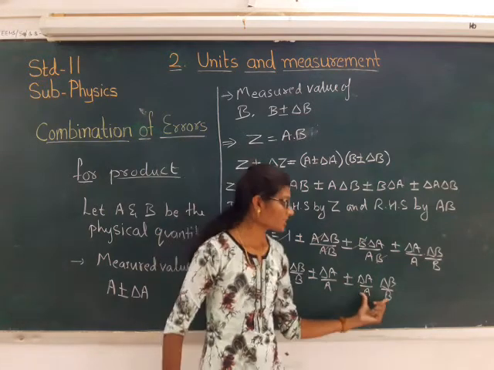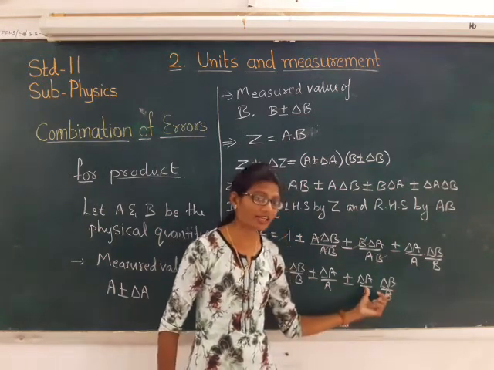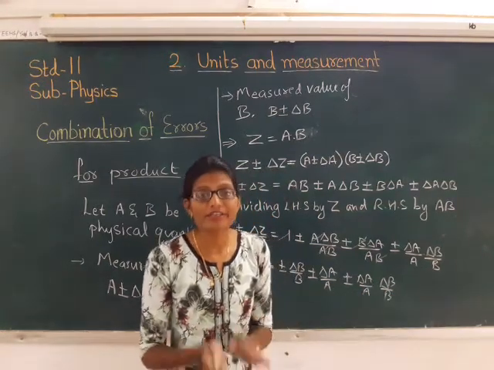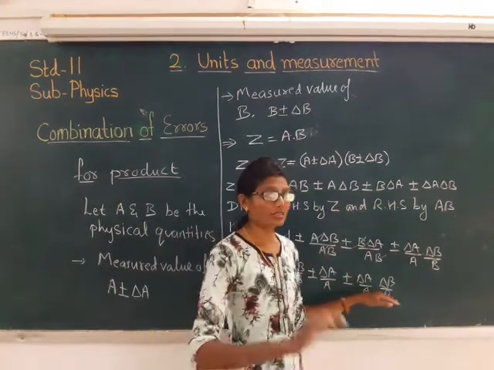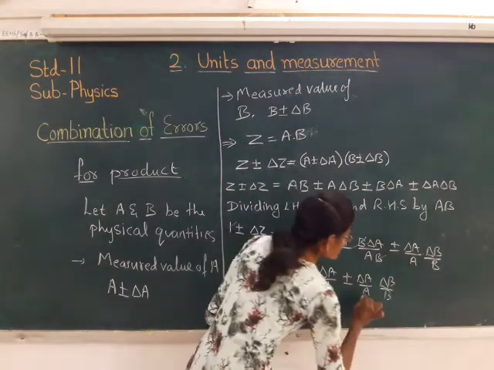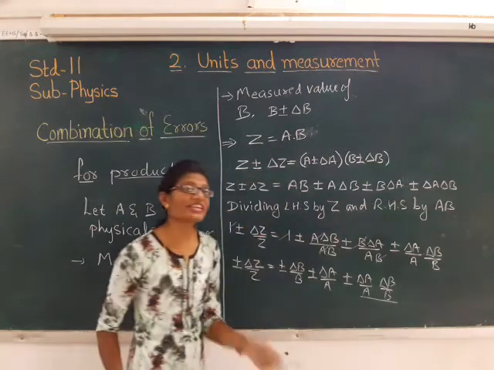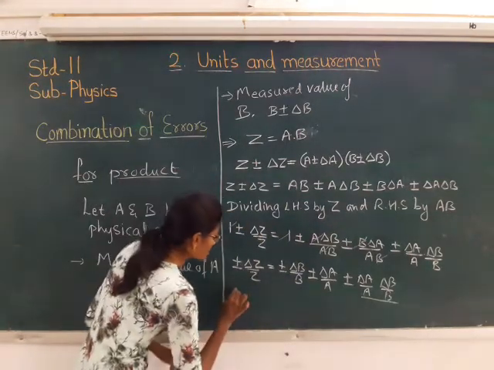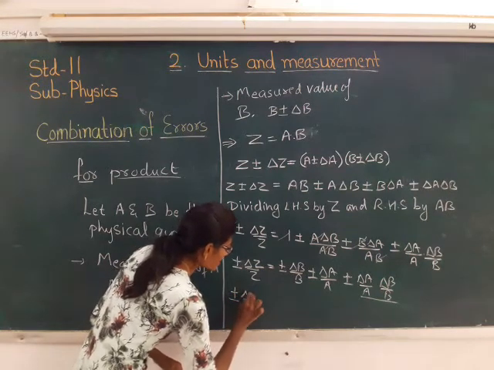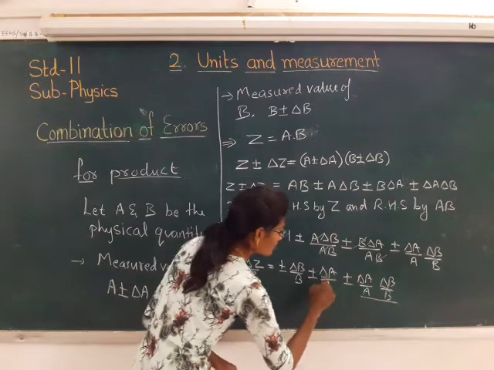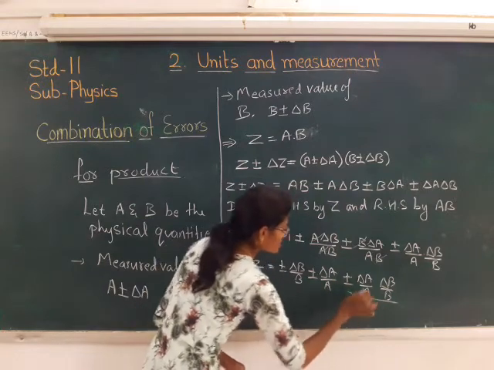So when you take the product of these two, it becomes very small. So the value of that is negligible, and you can ignore this term. So we ignore this, and what we will have is plus minus delta Z by Z equals only these terms; we are ignoring this term.